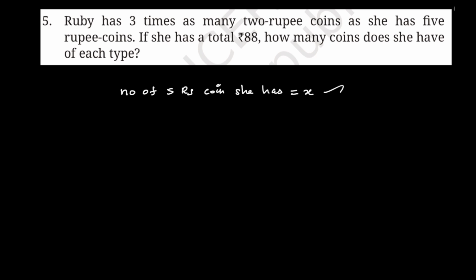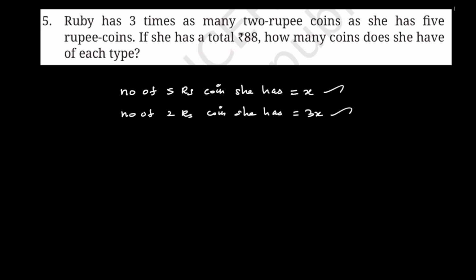Then the number of 2 rupee coins she has is 3 times the number of 5 rupee coins, so it is 3x. Now the total amount she has is 88 rupees.